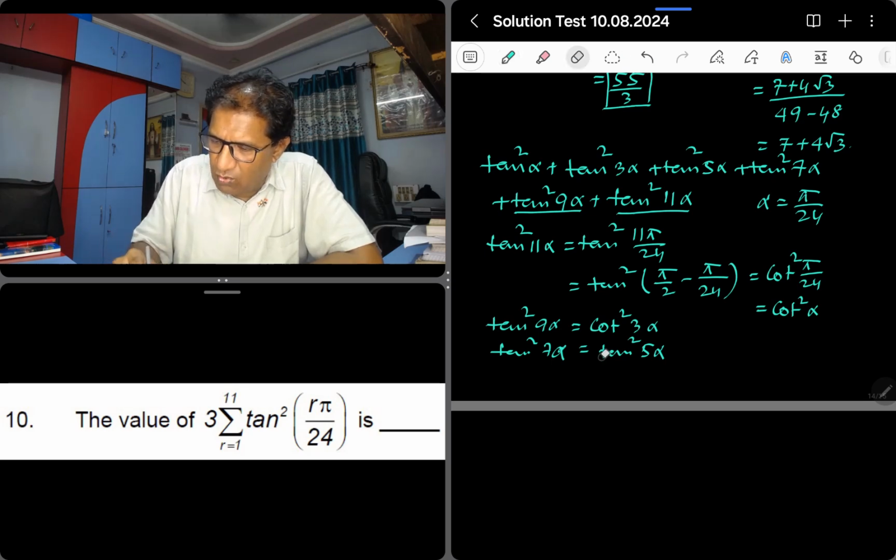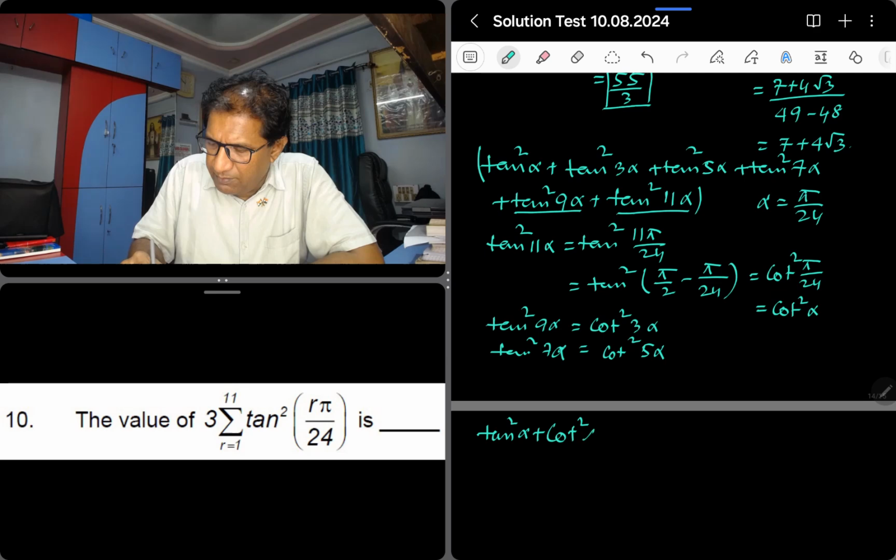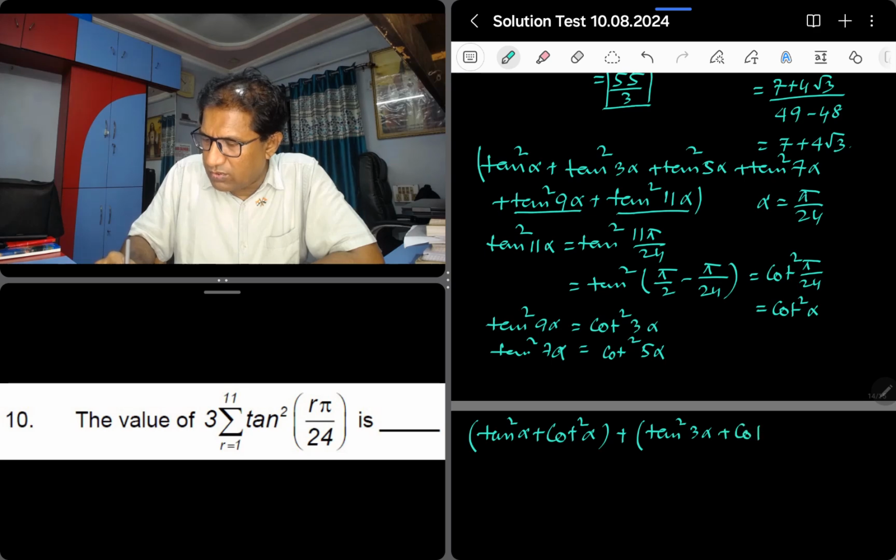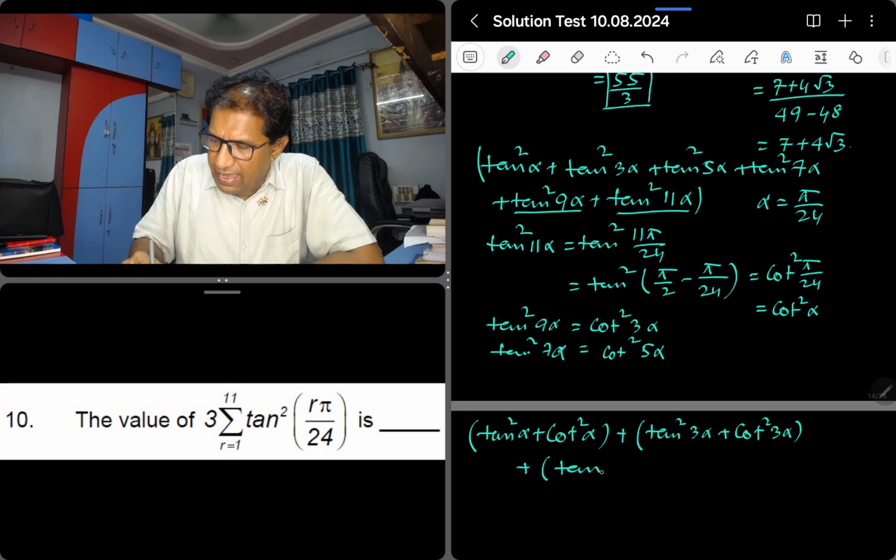I'm sorry, it's cot square 5 alpha, right? Therefore, the given expression actually becomes tan square alpha plus cot square alpha, tan square 3 alpha plus cot square 3 alpha, and tan square 5 alpha plus cot square 5 alpha.